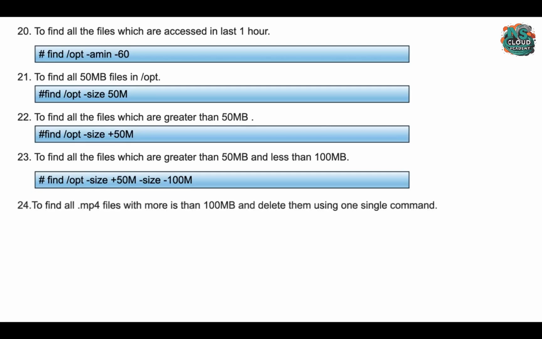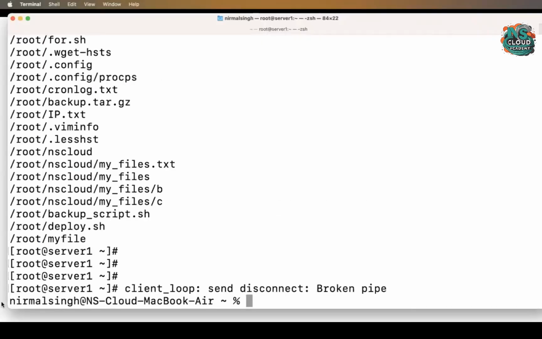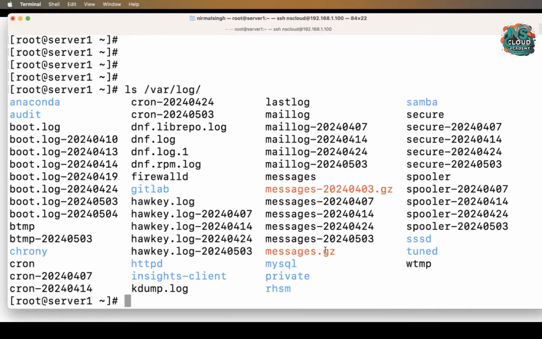Okay. So now, find all MP4 files of more than 100 MB and delete them using a single command. See here, let's suppose in the log directory, files like messages and all.